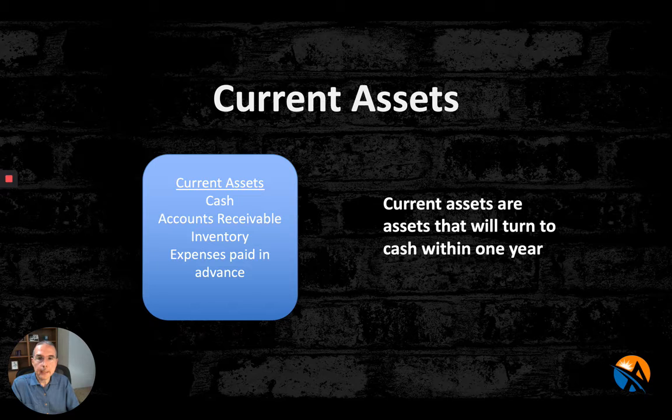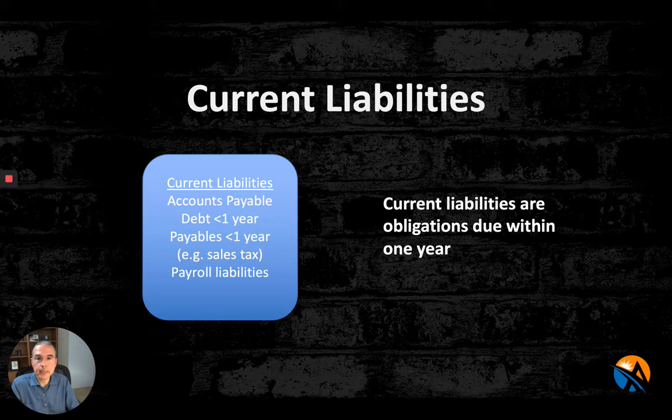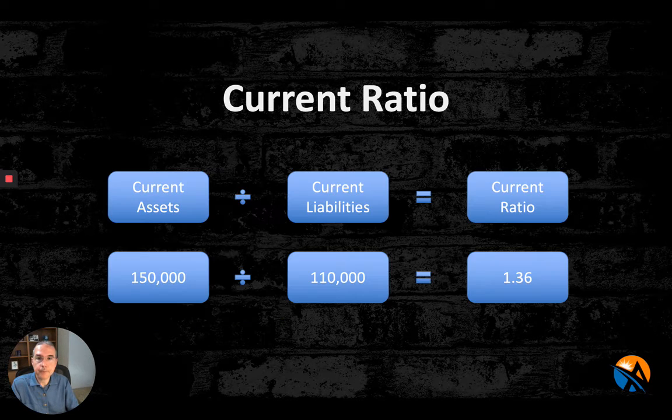They're really anything that you can turn into cash within a period of 12 months. The current liabilities is kind of the opposite. It's going to be things that you're going to have to pay within 12 months, such as accounts payable. It could be debt that you have to pay. It's also the amount that you'll have to pay within the next 12 months for long-term debt, and also payables such as sales tax and payroll liabilities.